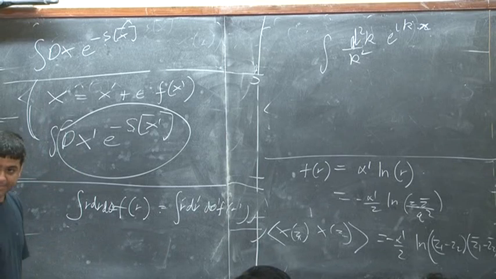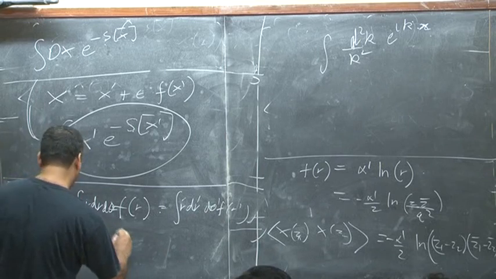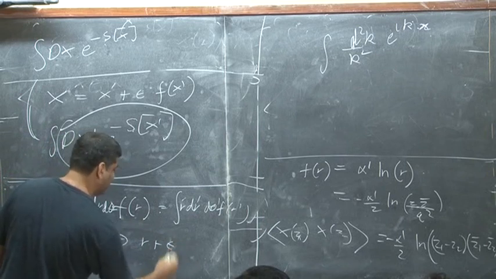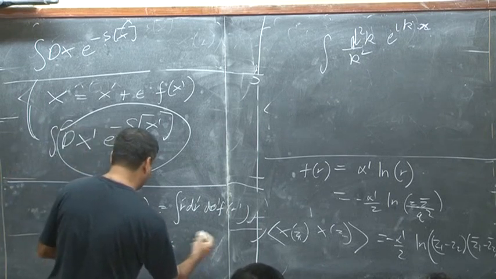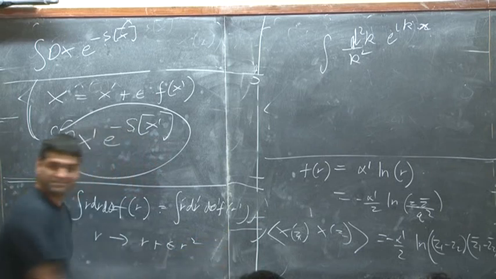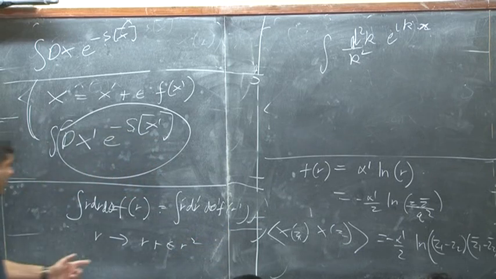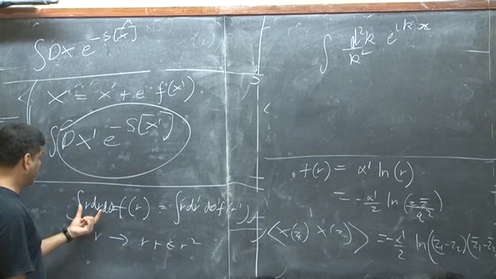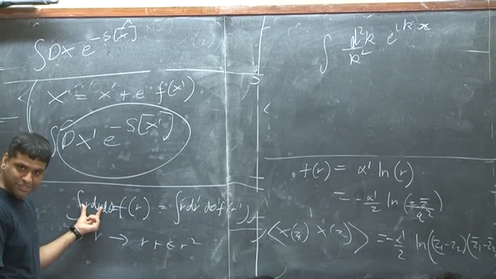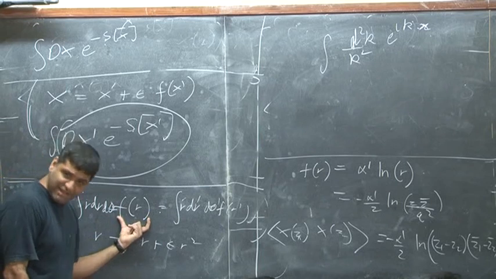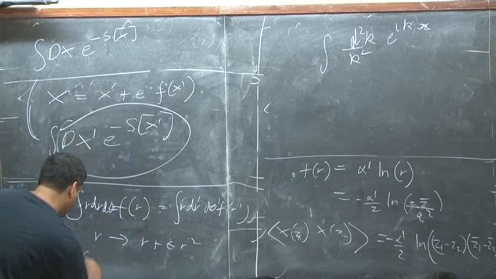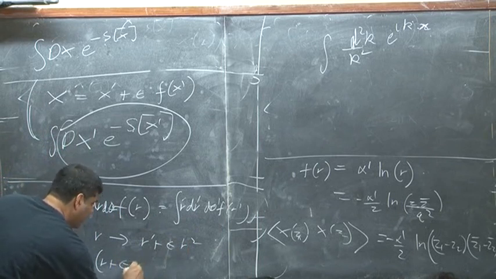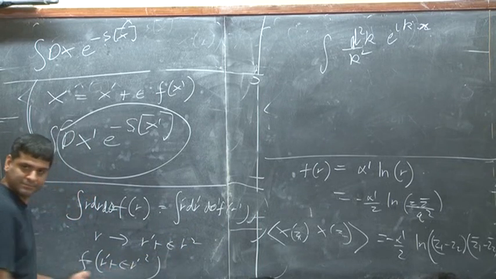Now, what is not an example of symmetry? Something that's not an example of symmetry is r goes to r plus epsilon times, well, even r or r squared, let's say. Because under this change of variables, firstly you will get a change from the measure, but secondly you will change f. You see, we will have f of r prime plus epsilon r prime squared.